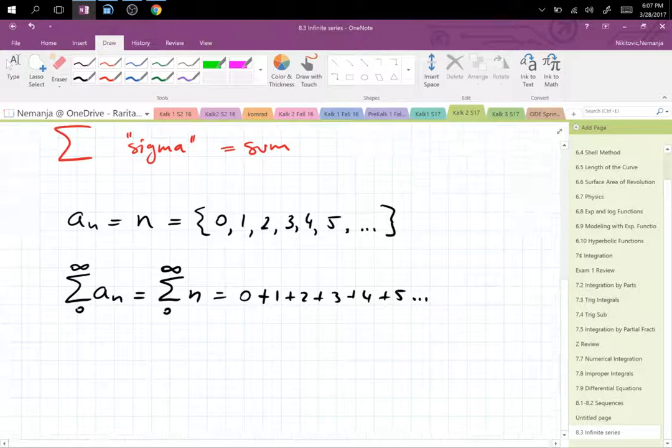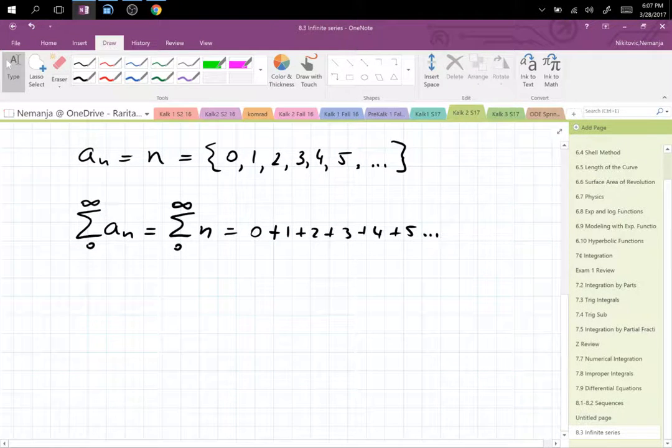So what I have here is a visual representation of the difference between sequence and the summation, which is a series. So up there you can have just a_n, which is 0, 1, 2, 3, 4, 5, and then let's say you have sum of a_n, which is 0 plus 1 plus 2 plus 3.